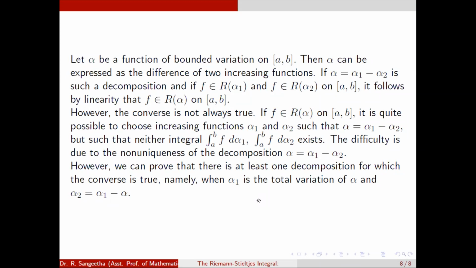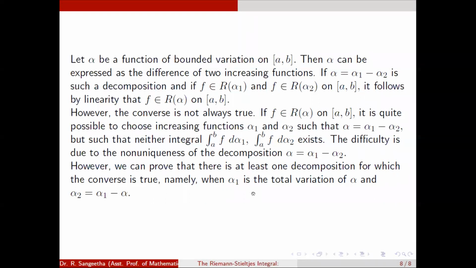So what are we going to see? We are given that f is integrable and alpha is a function of bounded variation. Now we can write alpha is equal to alpha 1 minus alpha 2, and we can show that f is integrable with respect to alpha 1 and with respect to alpha 2 if alpha 1 is the total variation of alpha.